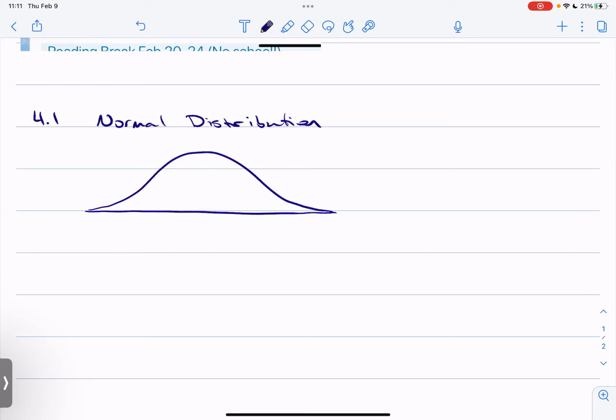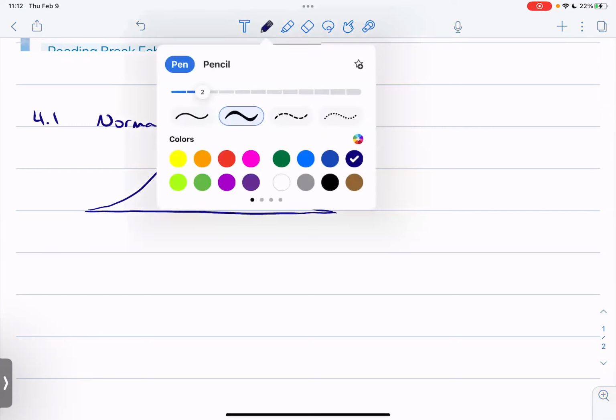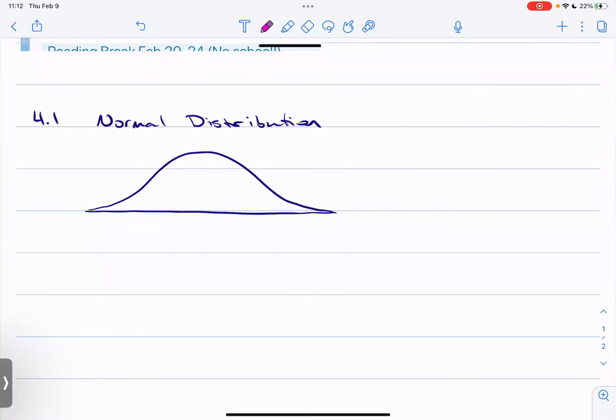This is the shape of the normal distribution, and a lot of things follow a normal distribution. When we have numerical measurements, often they will follow a normal distribution. That's why it's core to this whole course. First, we need to establish some facts about the normal distribution.